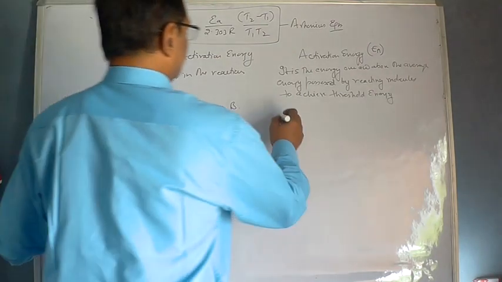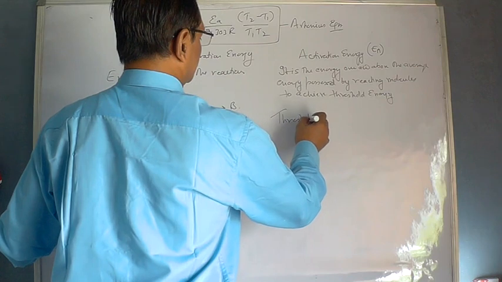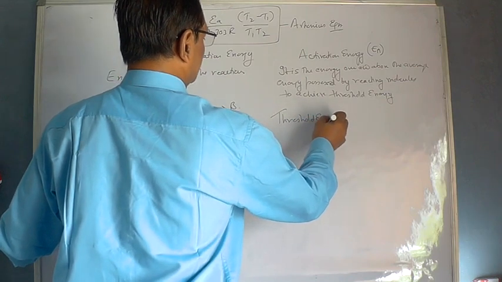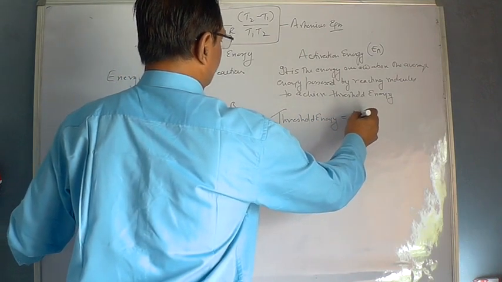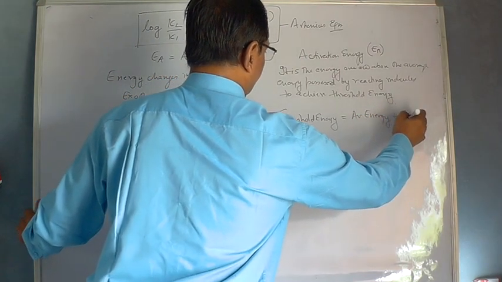So we can say that threshold energy equals average energy plus activation energy.